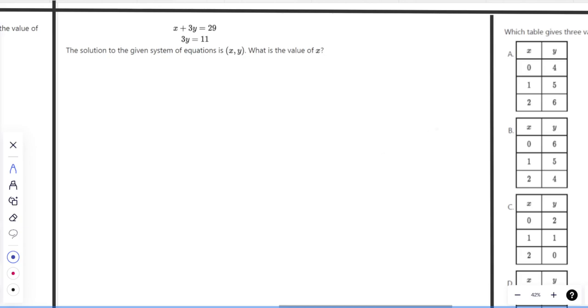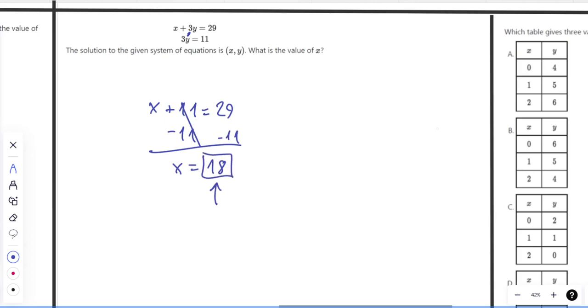For anybody still working on this one, I can show you that 3y equals 11. And if you directly substitute that into the top equation, you just get x plus 11 equals 29. So subtracting 11 from both sides, you're just going to instantly get x equals 18. And that's our final answer.